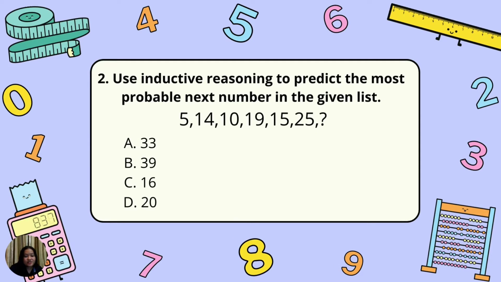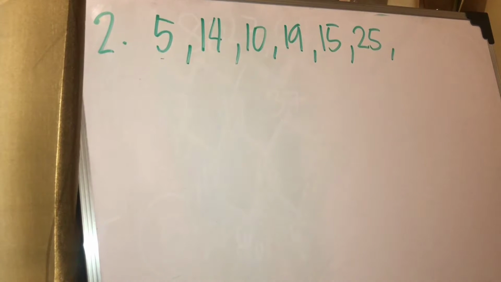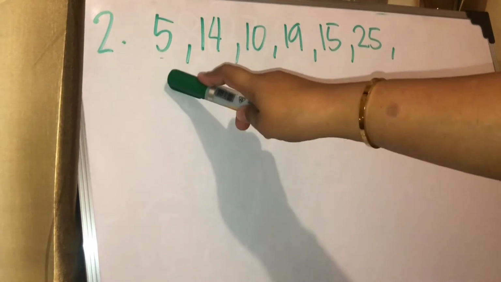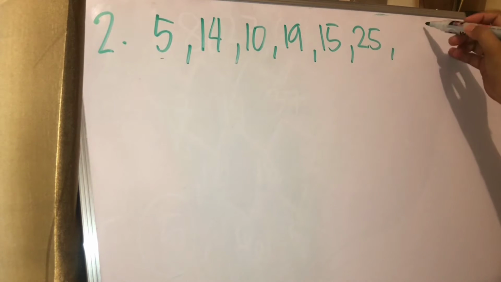Number 2. Use inductive reasoning to predict the most probable next number in the given list: 5, 14, 10, 19, 15, and 25. So for example number 2, we have the series of numbers here: 5, 14, 10, 19, 15, 25, and the next number is unknown.